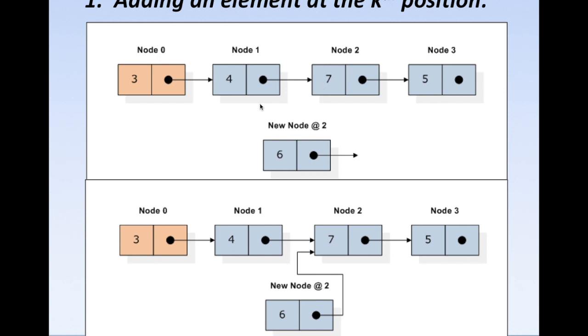What's nice about this implementation is that we start with a node 0. This node 0 is going to have the count: how many nodes do I have in the linked list? So the first node, node 0, will have the count, the number of nodes in the linked list, as well as a pointer to the first element, which is node 1.